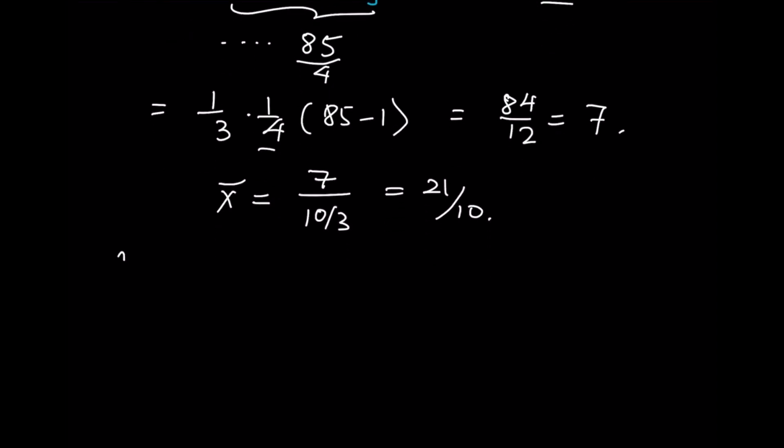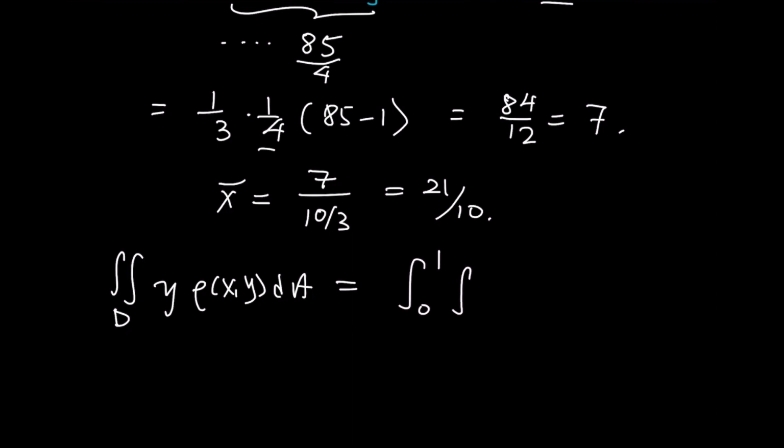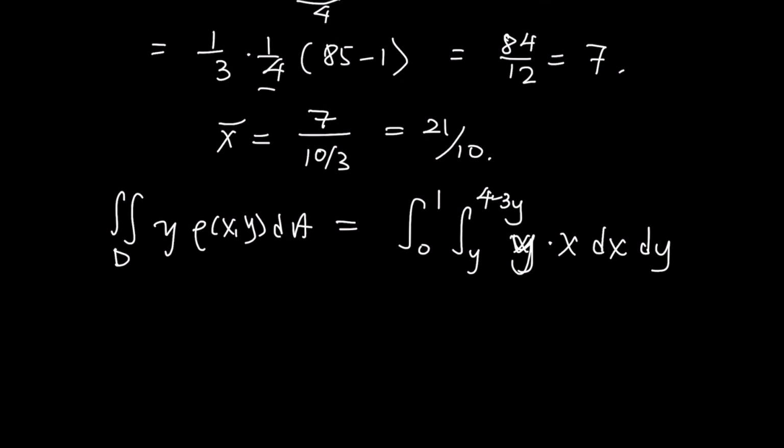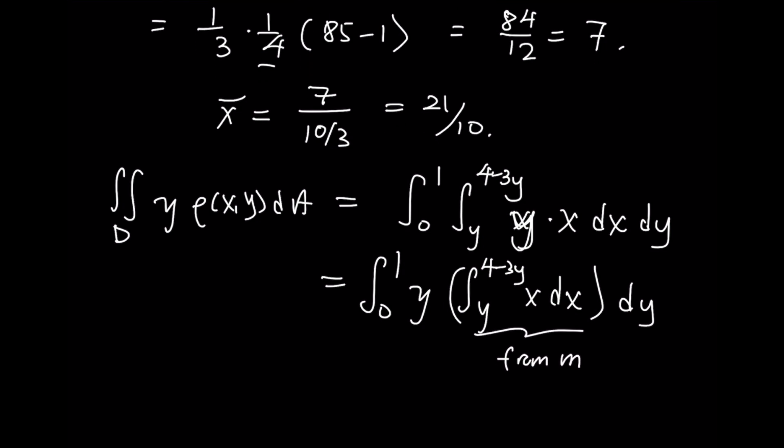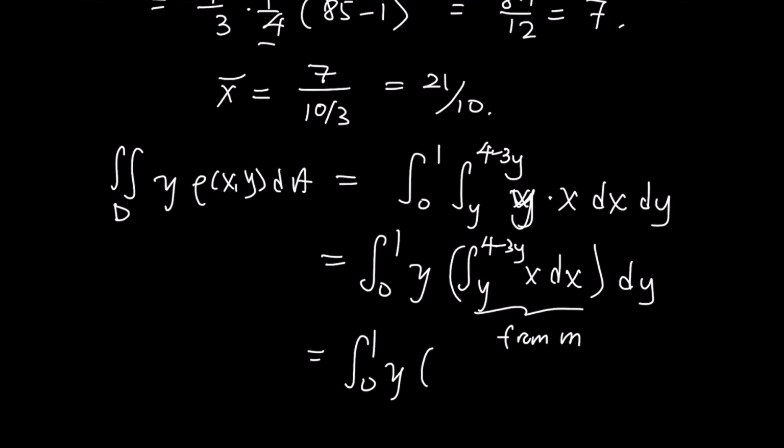Now, to calculate the y center of mass, we're going to need the integral of y times this density, which in our case is going to be an integral 0 to 1, y to 4 minus 3y, of y times x dx dy. The y can be removed from that inner integral. This inner integral was the same integral that we calculated when we did the mass calculation. So this will end up giving me y times (16 minus 24y plus 8y squared) all over 2, dy.